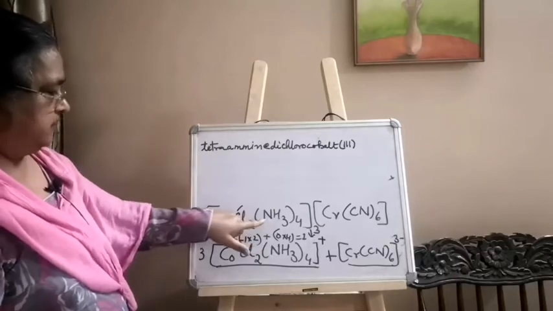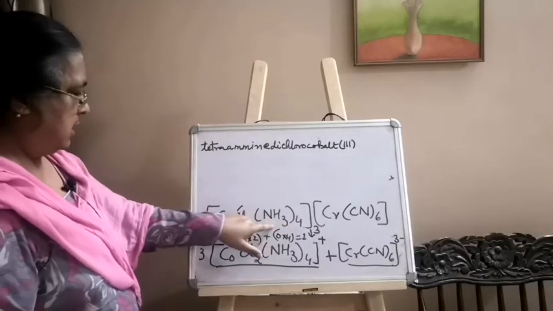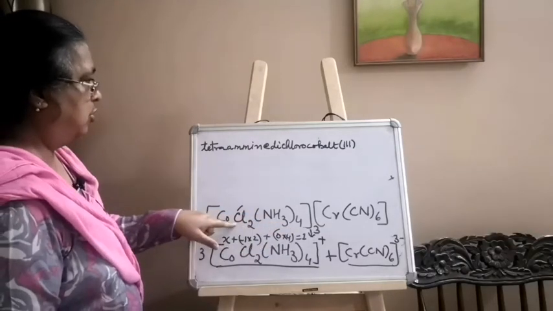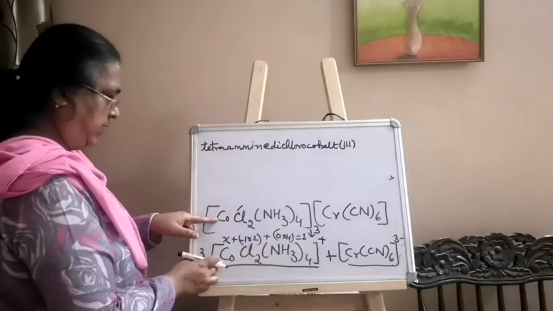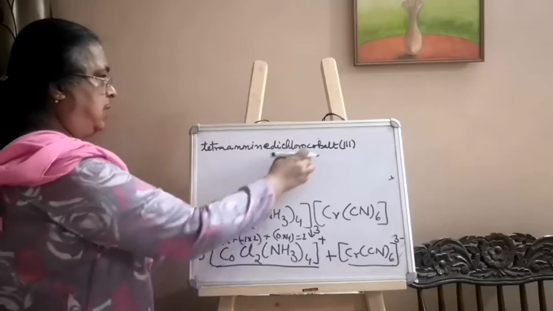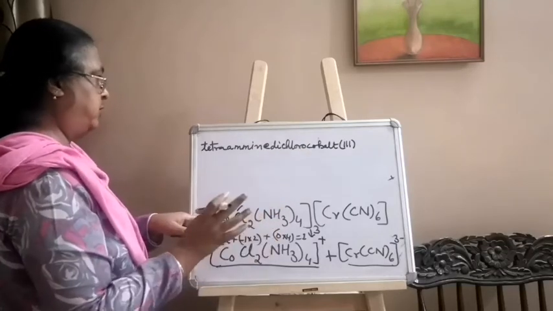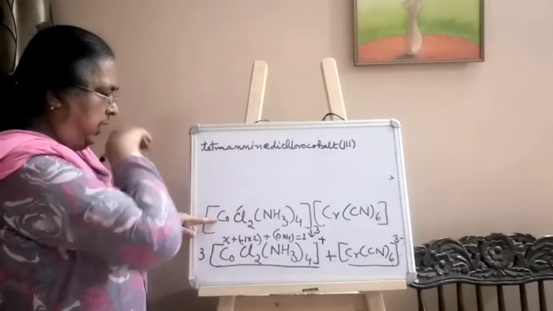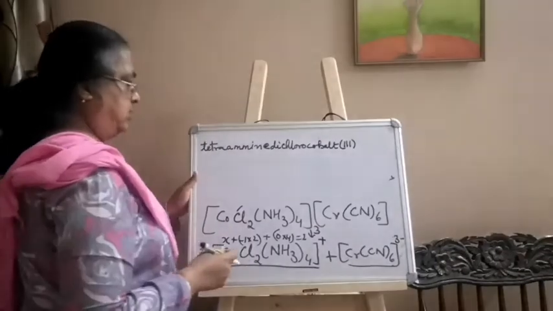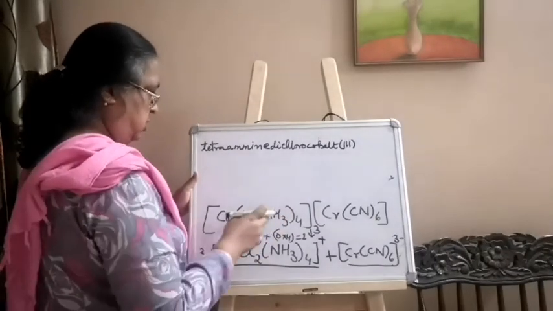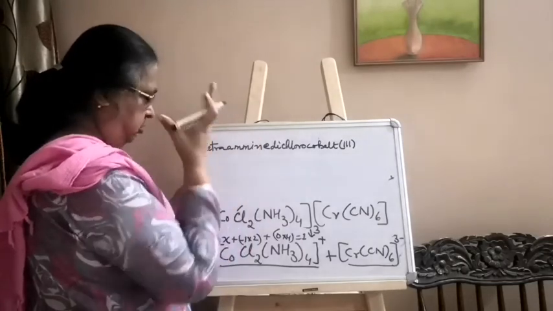I repeat it. Tetraamine, dichloro or chlorido, cobalt. Since it is a positive cationic species, the name of cobalt will remain as it is. It will not end with ATE, and in the parenthesis you will write its oxidation state. Oxidation state calculation I have taught you in detail.